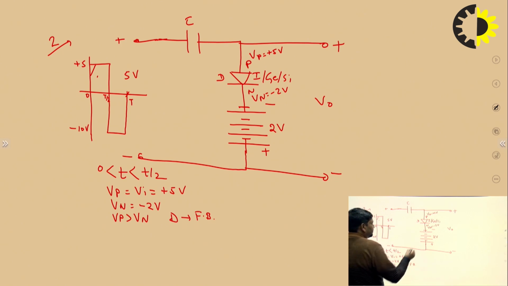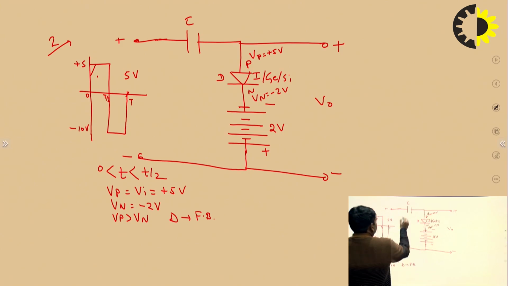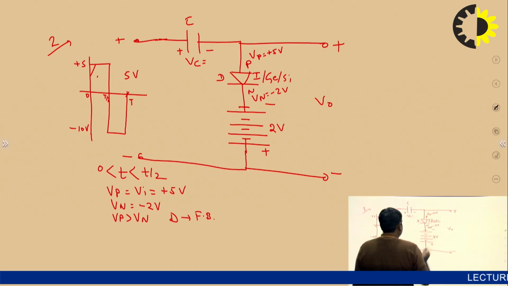If the diode is ideal, this is a short circuit, so the capacitor is to be charged. We find the capacitor voltage and the output voltage at that particular terminal.